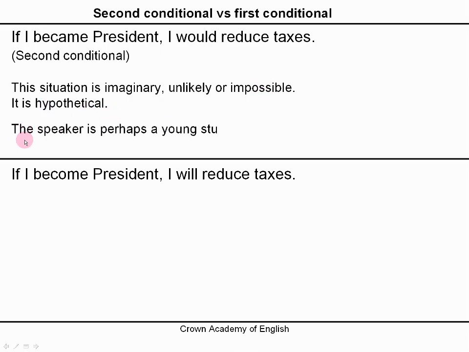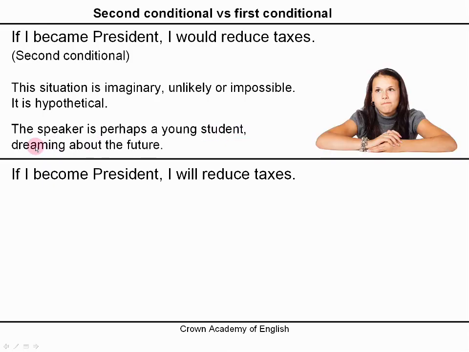Therefore, the speaker is perhaps a young student dreaming about the future. You see, she's dreaming. So it's hypothetical. It's an imaginary situation. So she's using the second conditional to describe her thoughts.